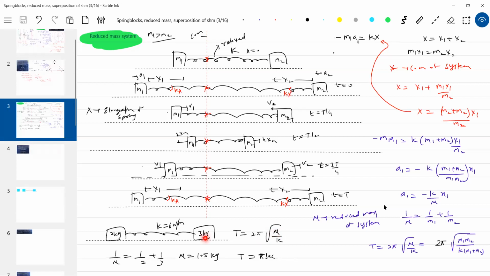Sir, I will not agree. You do one thing. Let me make this infinite mass. If this is infinite, then 1 by infinity is zero, and mu will become equal to this mass only. I think that's what we did earlier in the spring block system. Okay, if it is 1.2, I think things will change.